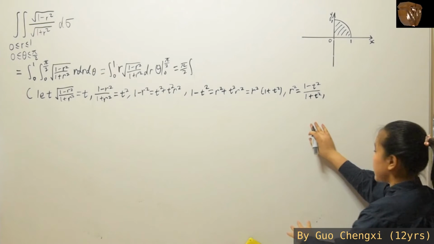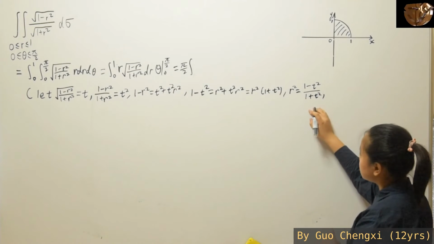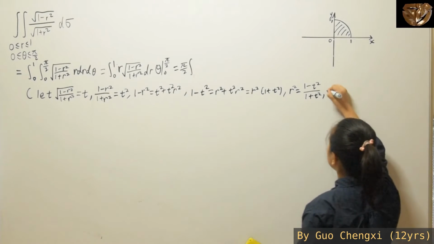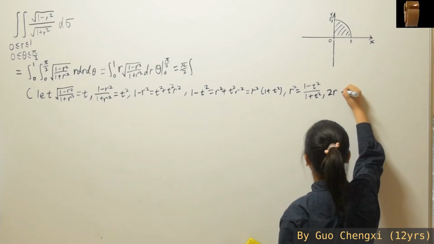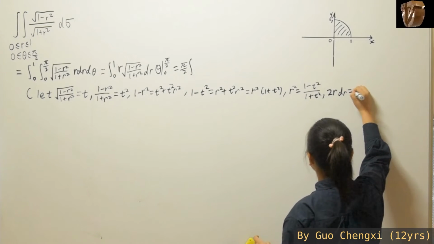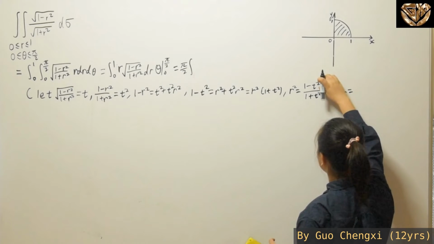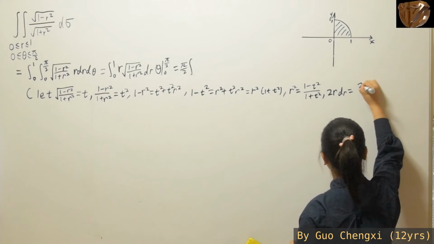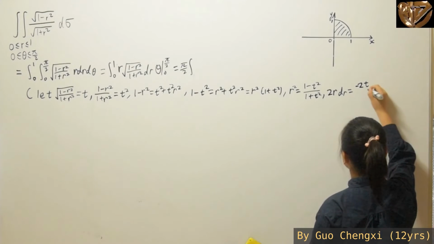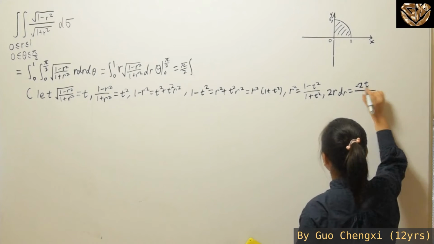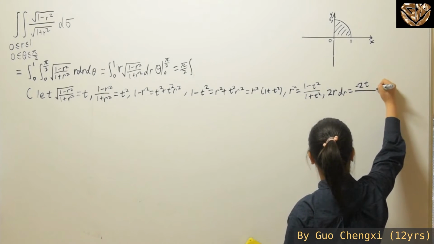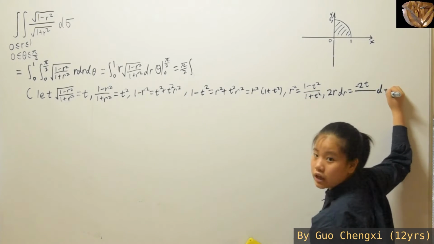Thus, now we can differentiate both sides to get what dr is equal to. So here we're going to have 2r dr, the differentiation for this part. For this part, on the other hand, when we differentiate our numerator, we're going to have negative 2t, and then we also have the dt and all.